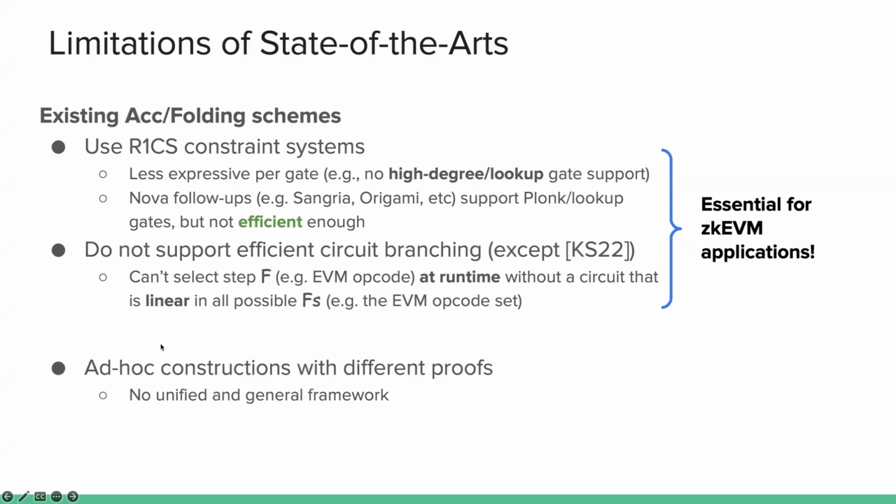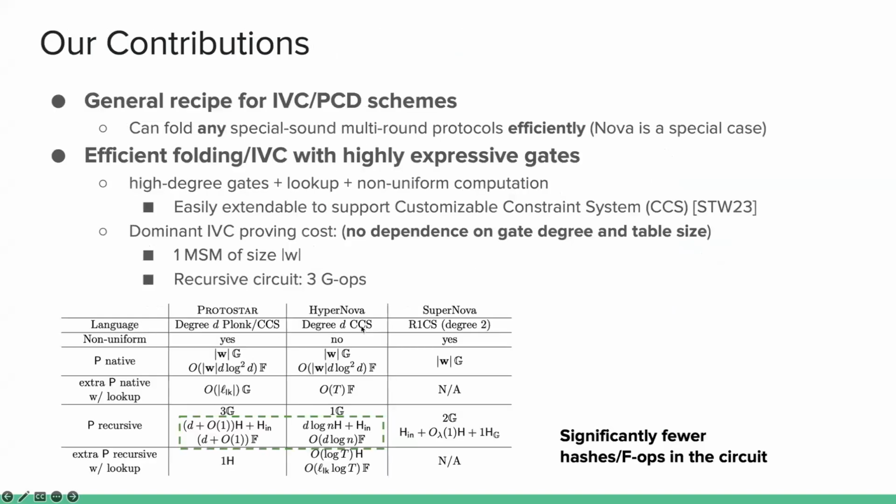And beyond that, we also note that previous constructions usually have different proofs and different constructions. It would be great to have a unified framework for that. And our paper is trying to achieve both goals. First, we have come up with a general recipe for constructing IVC schemes, and more precisely for constructing a folding scheme, or accumulation scheme.